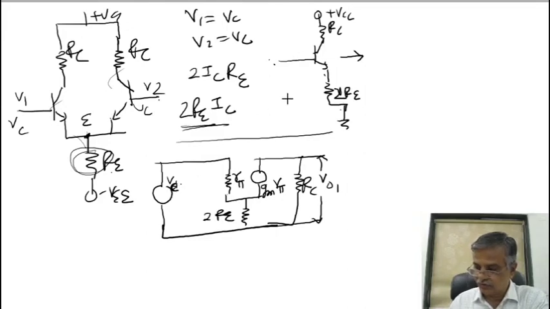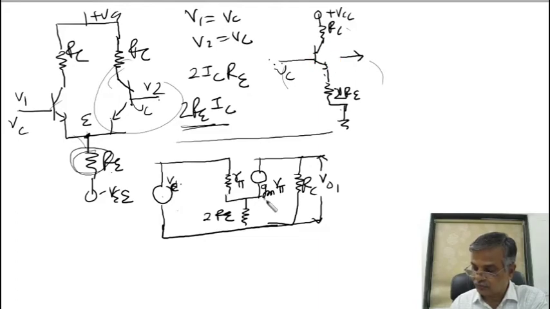Okay. So for one transistor I am showing you this circuit, only for one amplifier circuit, not for the others. So VC is here. R pi means this input resistance, and 2RE means this. This is your current source, so this behaves as a current source.